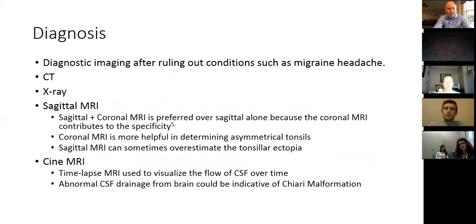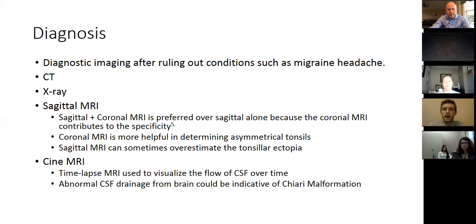CT is sometimes used, but especially if they have less severe or less pronounced Chiari malformation, it may be a lot harder to detect on a CT. With X-ray, sometimes you can see if there's maybe a small foramen magnum or any damage to the area. But CT and X-ray aren't typically the best diagnostic tools just because they're not as well defined. It's not as easy to see as on an MRI.